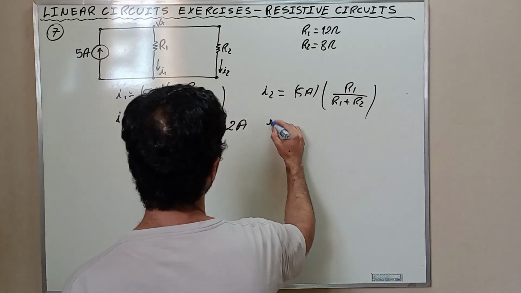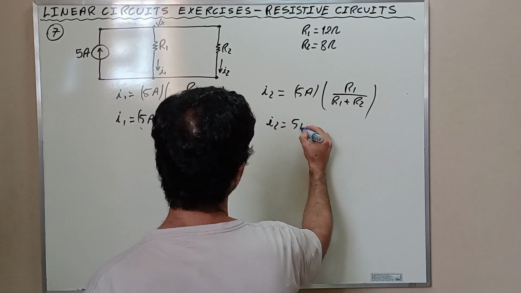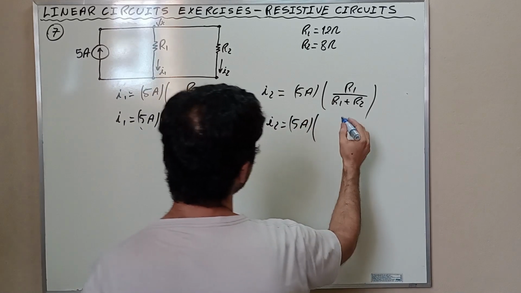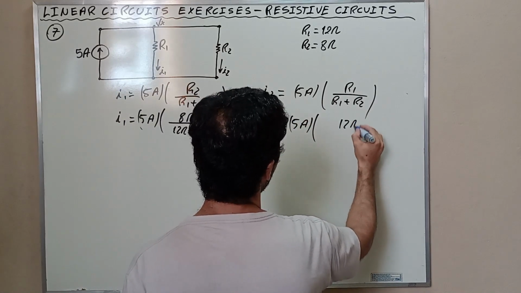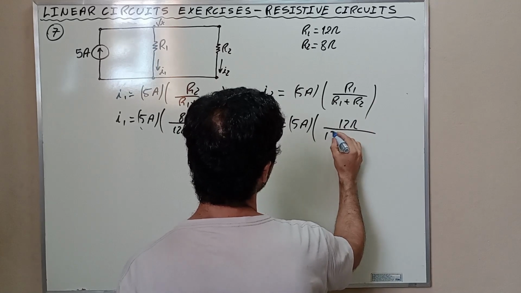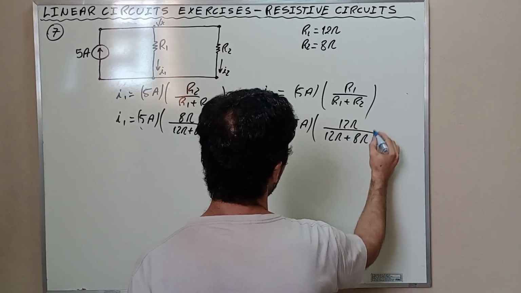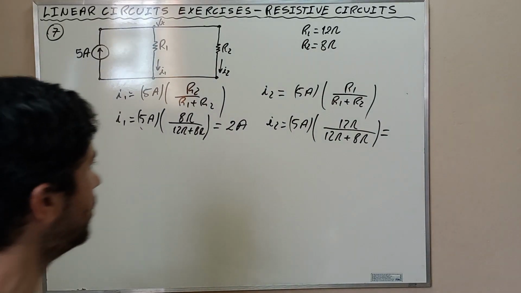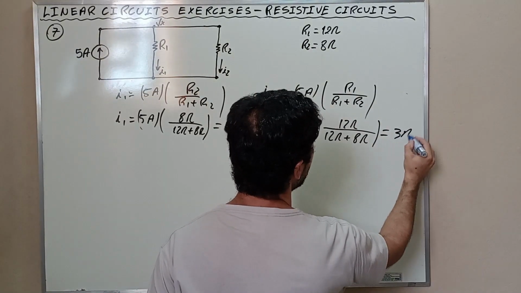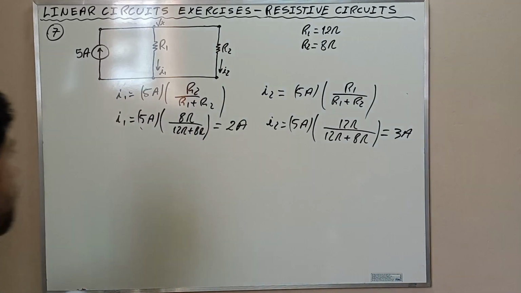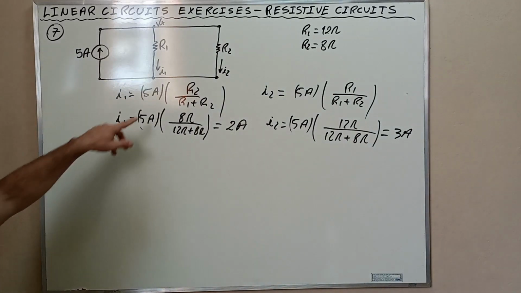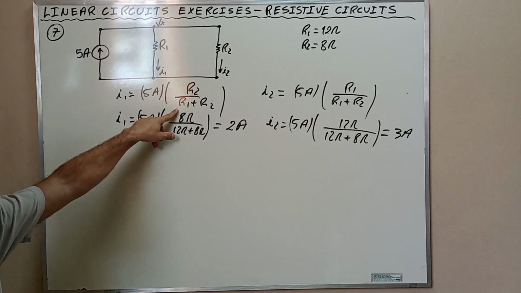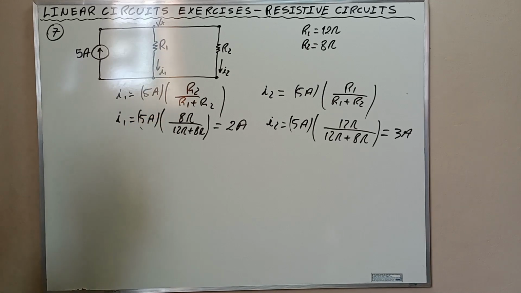Similarly, we substitute the values: R1 is 12 ohms, divided by 12 ohms plus 8 ohms. We calculate this and we find that I2 is equal to 3 amps. Okay, my friends, this is the expression of the current divider.